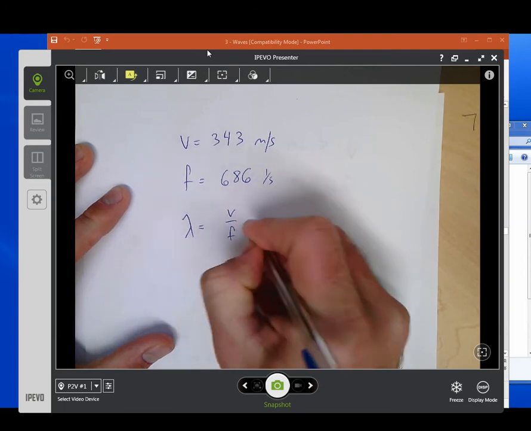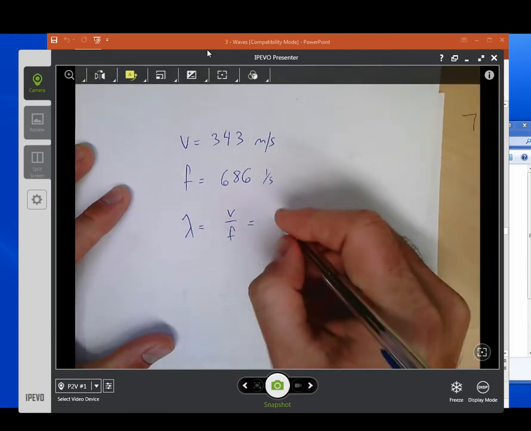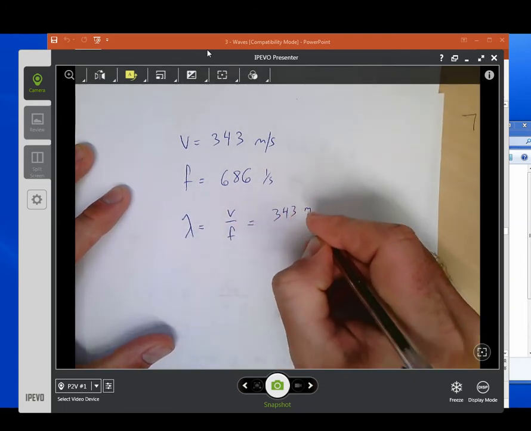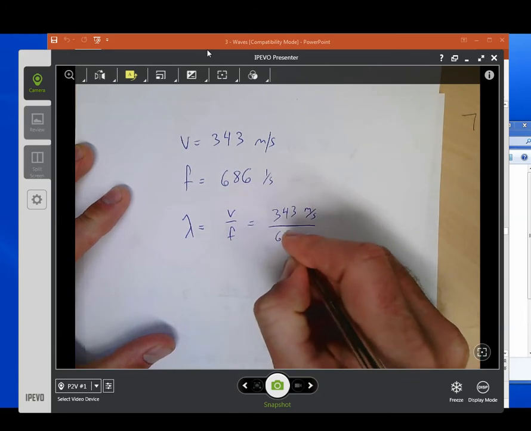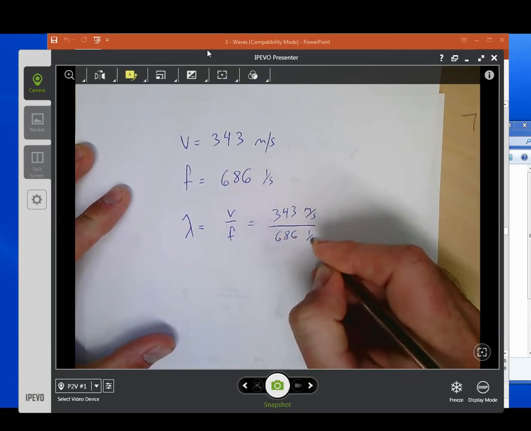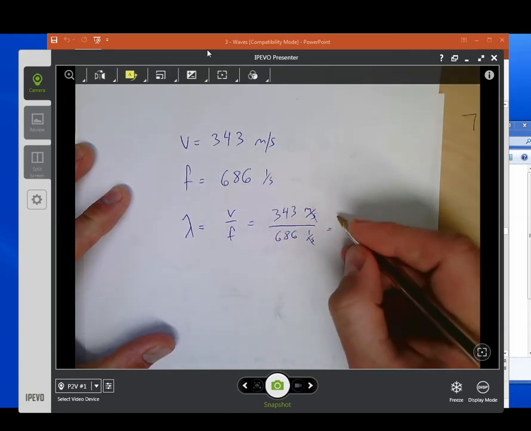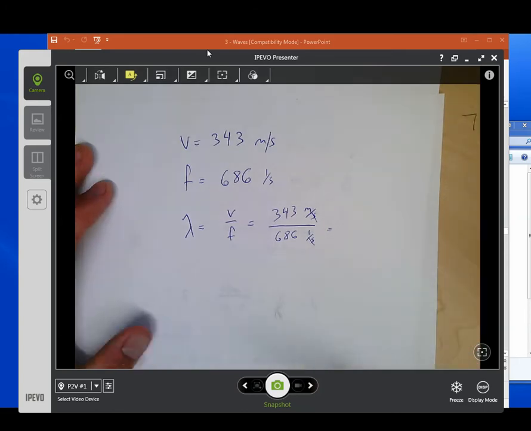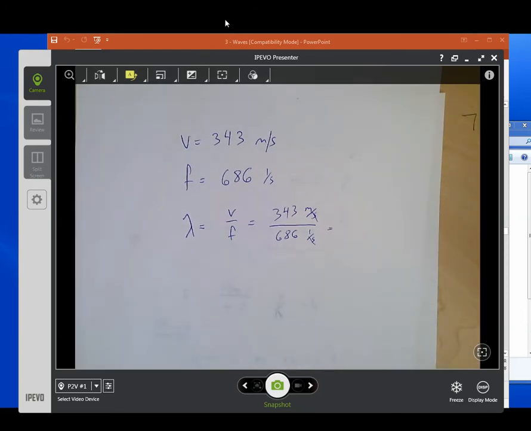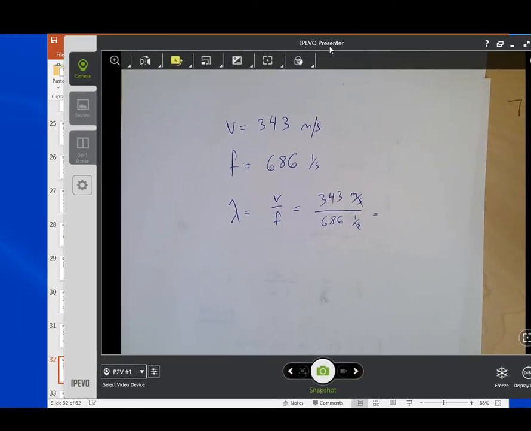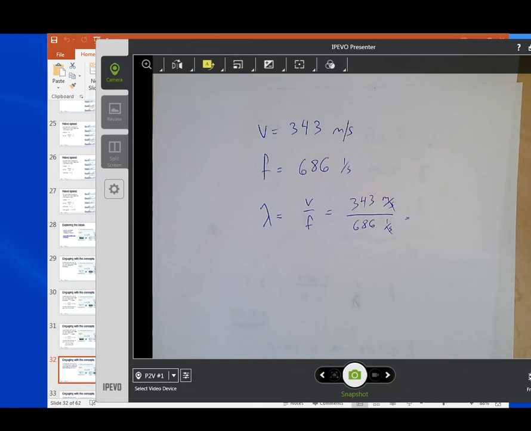Lambda is v over f according to our formula. And so here, 343 meters per second divided by 686 inverse seconds, seconds cancel out, and we're left with 343 divided by 686. Now, if you have some experience with this, you might say, oh, wait a second, 343 is just half of 686.